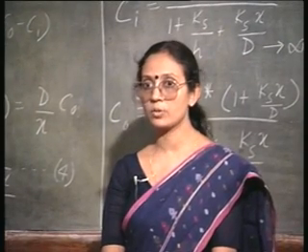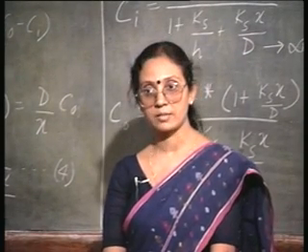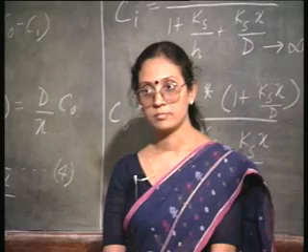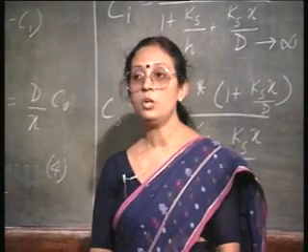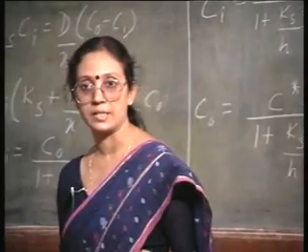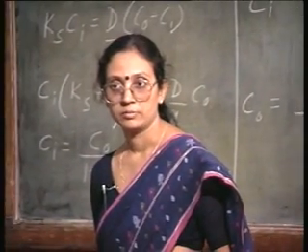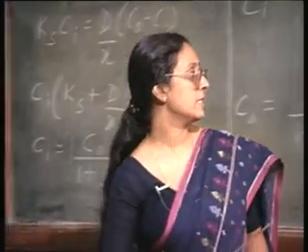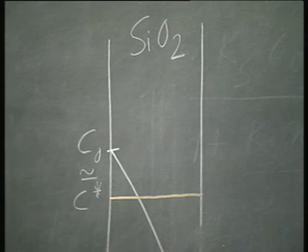That is what is going to govern the oxidation rate. Okay? So, the oxidation is called reaction limited. For this case, when D tends to infinity, this is called reaction limited.